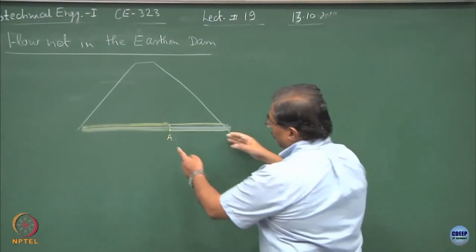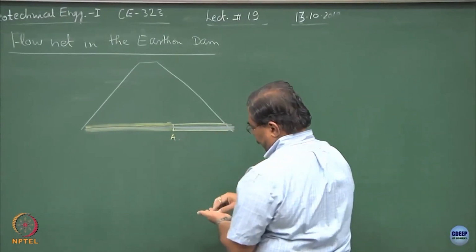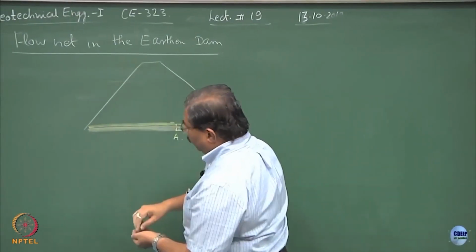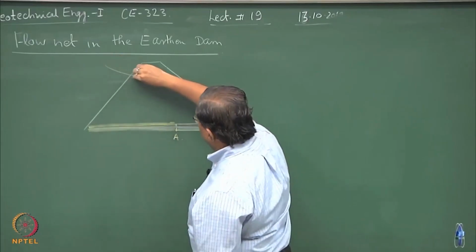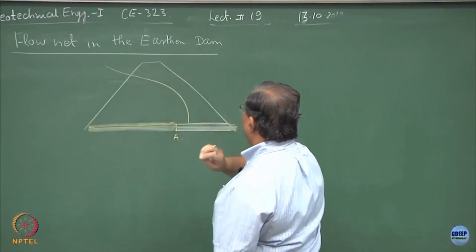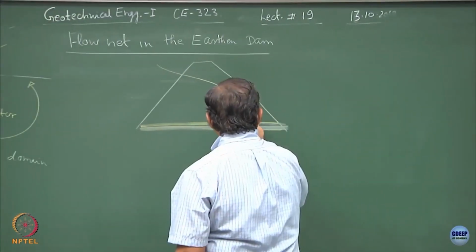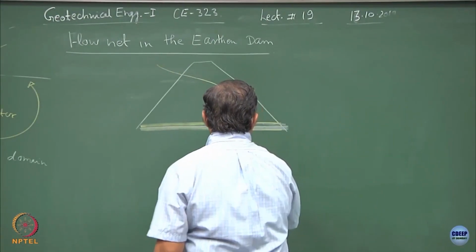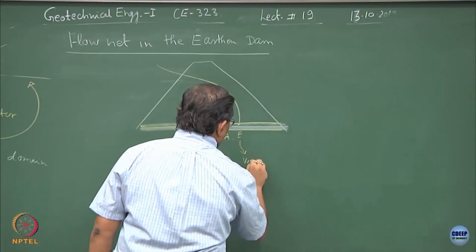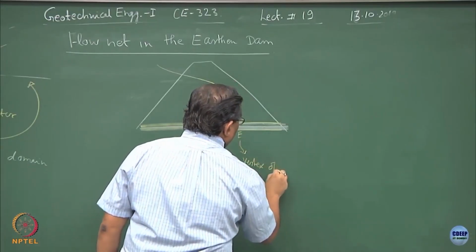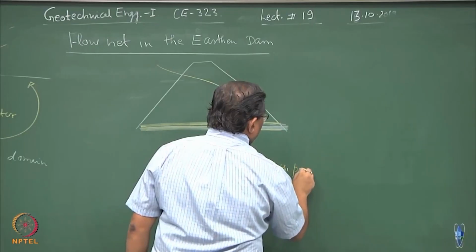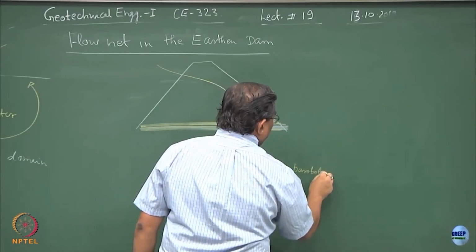Now, the moment I have done this type of manipulation, the top flow lines will always come and cut at the vertex. So, this is the vertex point E. Fine.